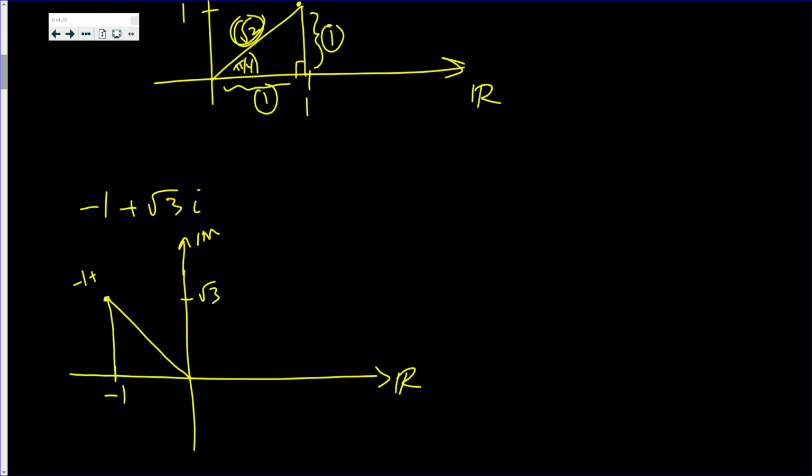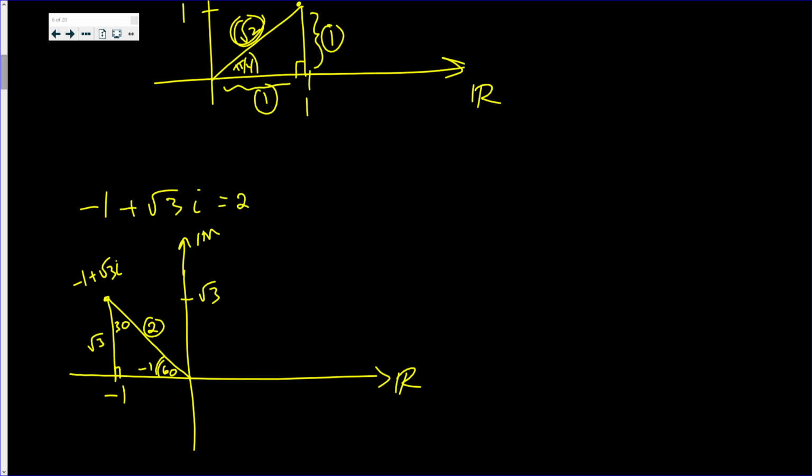That is negative 1 plus the square root of 3i. So this distance is negative 1 and this distance is square root of 3. And we should recognize this as a 30, 60, 90 right triangle. This angle right here is 60 and r is 2.